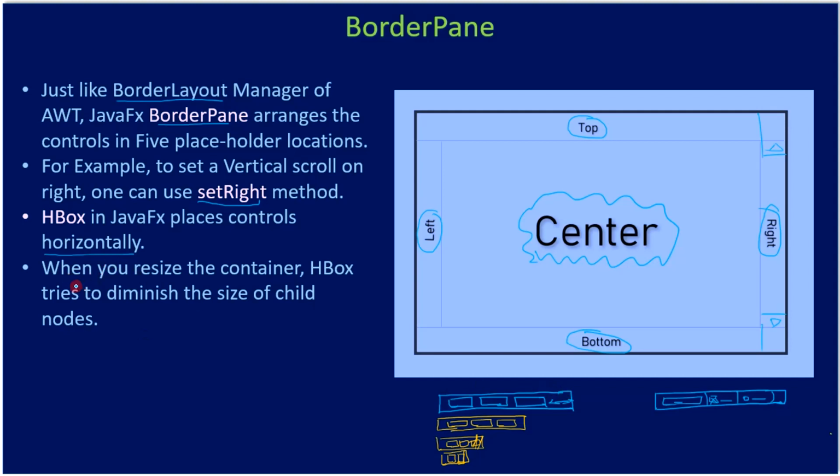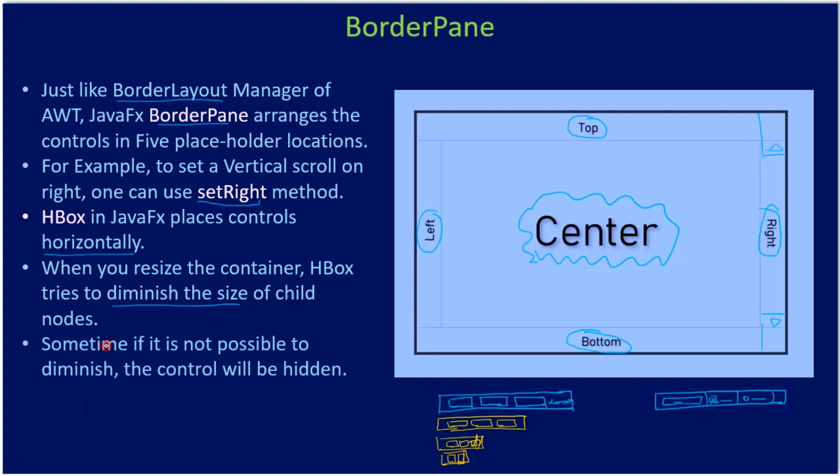So that's what we meant here. When you resize the container, here the HBox, the HBox tries to diminish the size of the child nodes. Sometimes if it is not possible to diminish the node, then the control will be hidden.